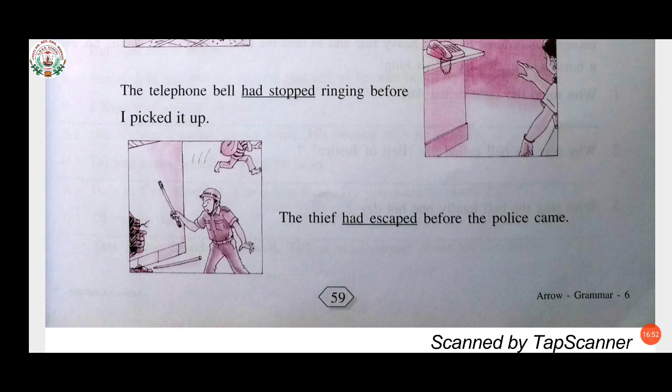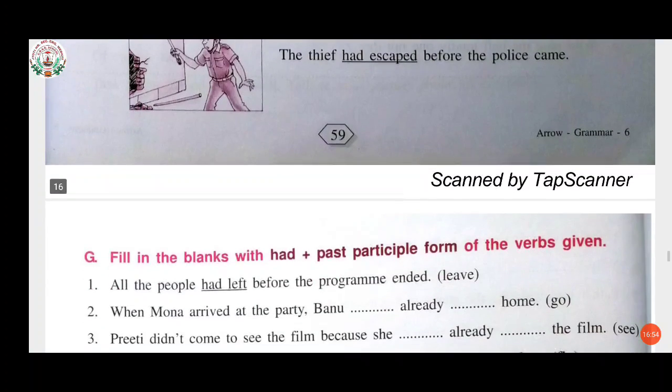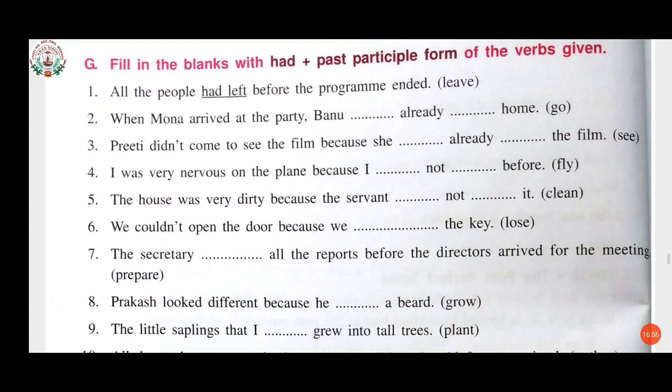So that past participle and third form of verb we have to use with had. So first one, all the people had left before the program ended. So leave has been changed to left. So all the people had left before the program ended.